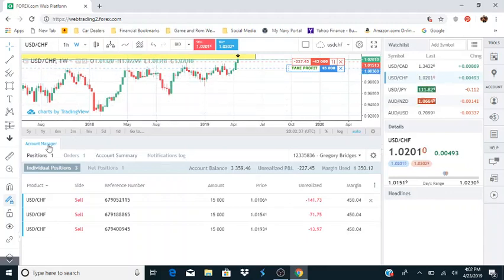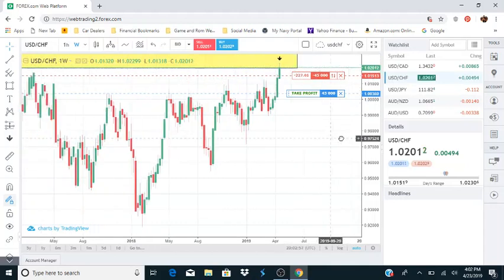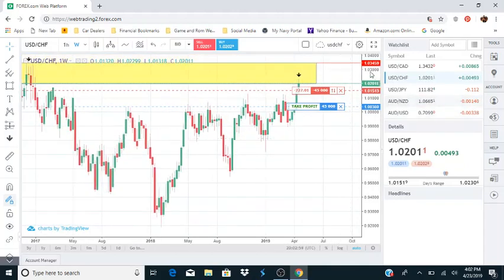So if I get rid of my account manager and take you back to this weekly chart, you're wondering what this area right here is. This rectangle that I've drawn out for you shows where the currency pair crossed over the 1.02 threshold into its higher threshold of 1.03459, or anywhere in between.